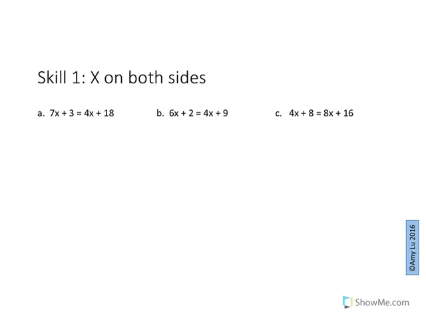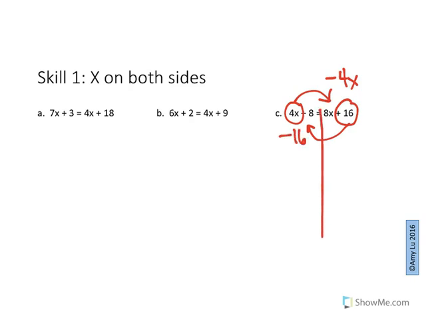In the last problem, I'm going to choose to move my 4x over to the 8x, and I'll move my 16 over to the 8. So that means this becomes negative 4x on this side, and that becomes negative 16 on that side. So if I draw my line down the page, I'll rewrite everything as 8 minus 16 is equal to 8x minus 4x.